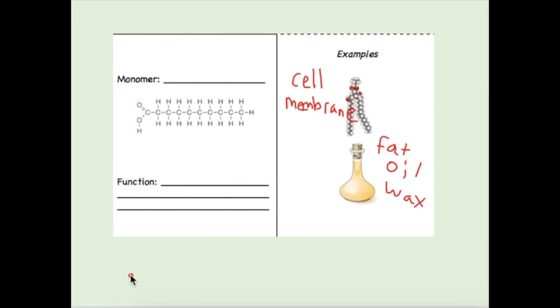Now, the monomers are going to be a little different. They're actually subunits when we look at a lipid because there's 2 different ends to these. So the monomers are subunits. We're going to call them the glycerol end and the fatty acid. The glycerol end is the short end that's got the C's, the O's, and the H's.